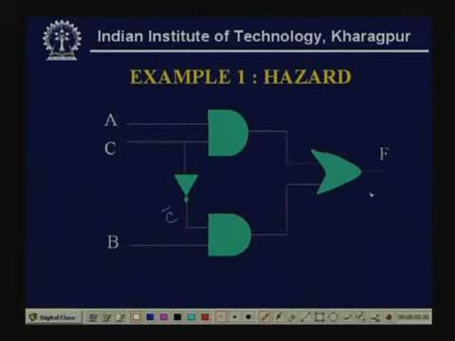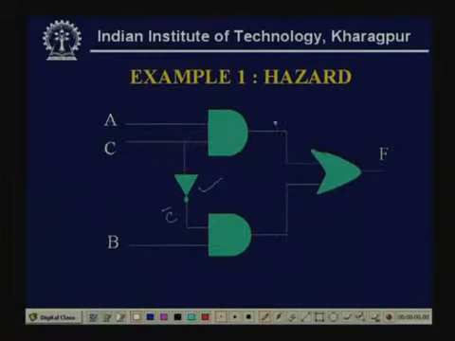Now see here, when the top AND gate is executing AC, then just to compute C bar, because of the gate delay associated with the inverter, it will take some time to compute this.